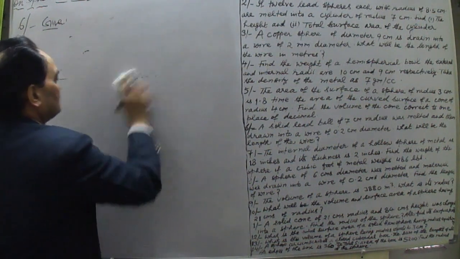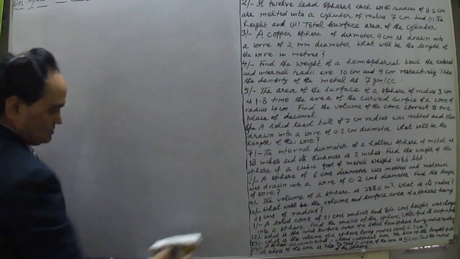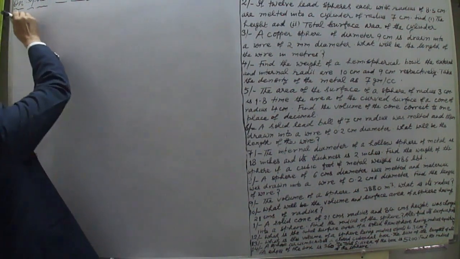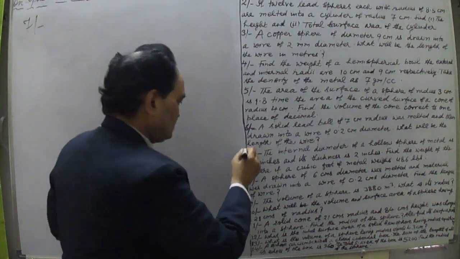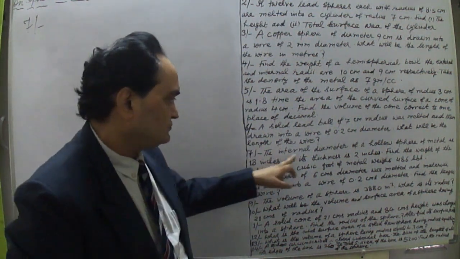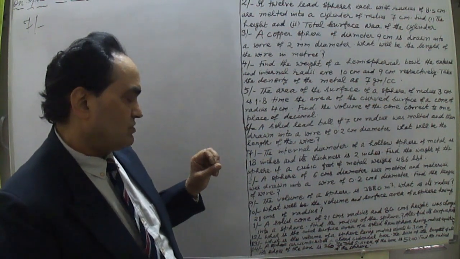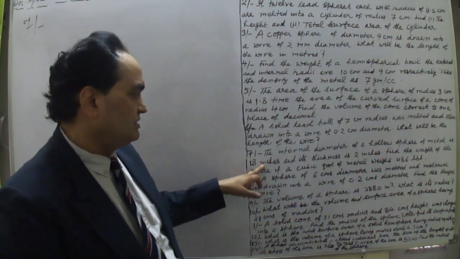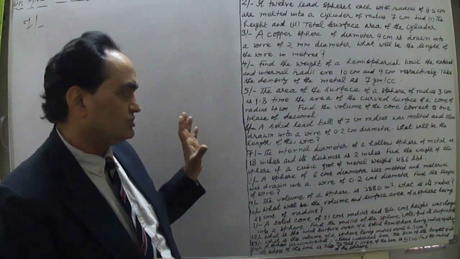Question number 6 we have completed. Let me now take question number 7. What is question number 7? Question 7 says the internal diameter of a hollow sphere of metal is 18 inches, and its thickness is 2 inches.